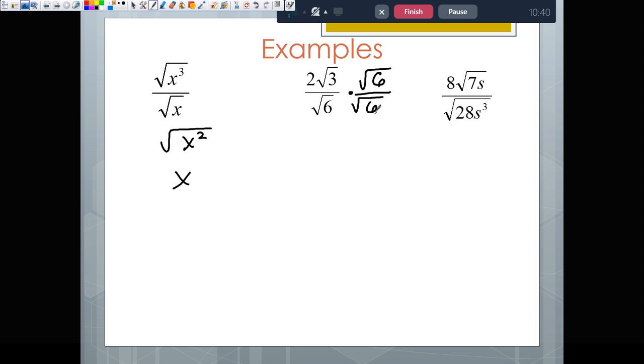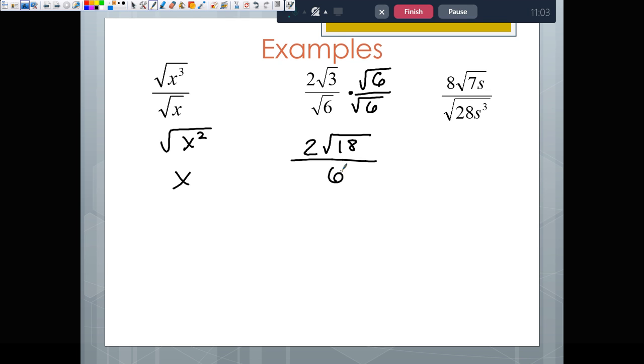So I'm going to get 2, and 3 times 6 is 18. And this is going to be the square root of 6 times the square root of 6, which is the square root of 36, which is 6. So instead of having to do that, we can just know that this is going to be 6. It's whatever number is underneath the radical.